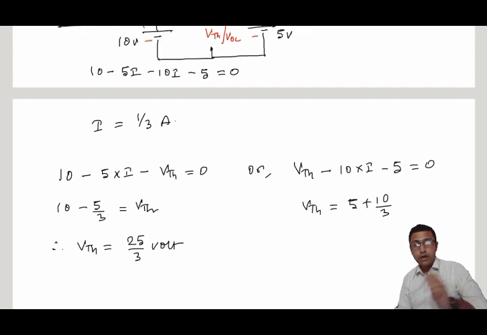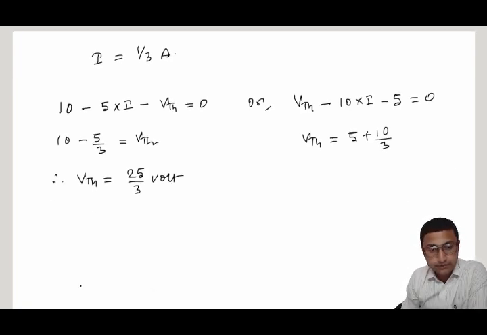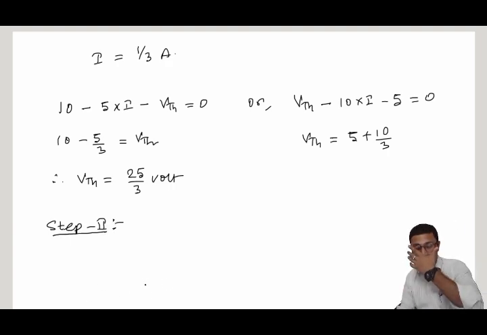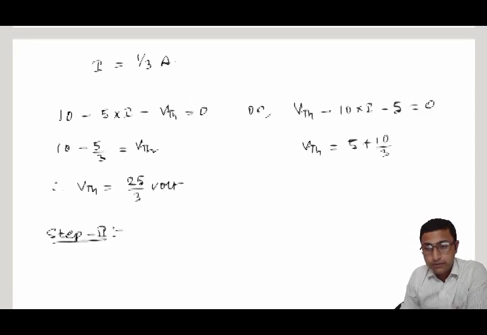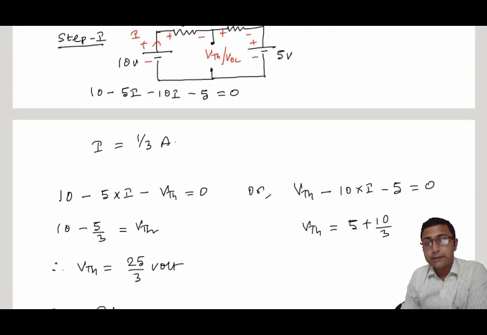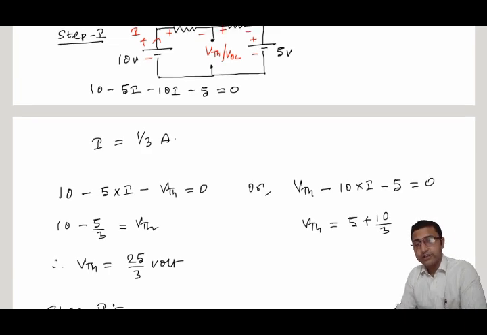Now the next, step 2. Step 2 is to find the Thevenin equivalent resistance, RTH. To measure this, the voltage source is replaced by a short circuit, that means zero internal resistance.